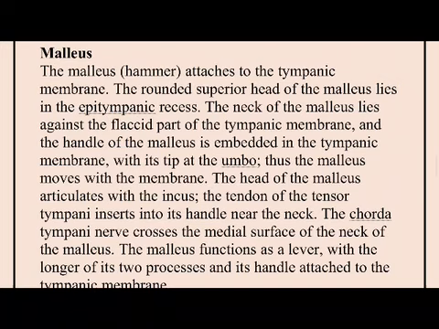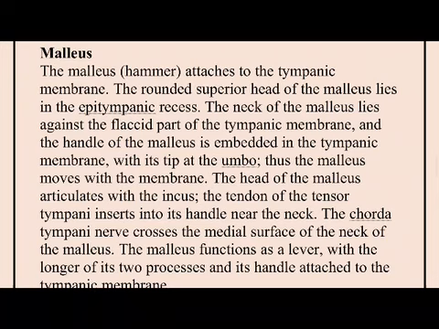Then the neck of the malleus lies against the flaccid part of the tympanic membrane. You also have the handle of the malleus embedded in the tympanic membrane. Then the tip of the malleus is actually at the umbo, and the malleus moves with the tympanic membrane. The head of the malleus articulates with the incus.